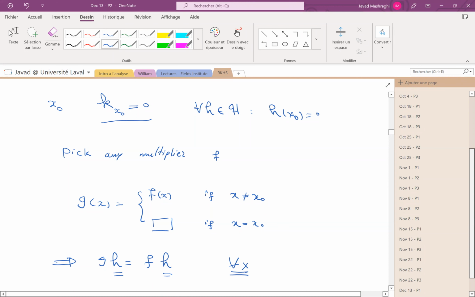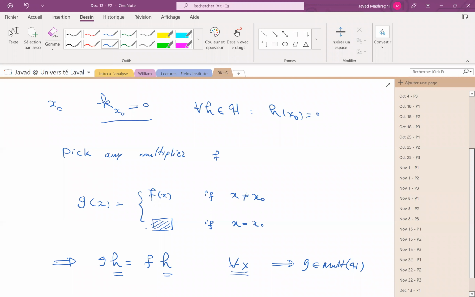So the identity still holds, which means that g is also a multiplier. But you have absolute freedom in the definition of g at point x0. You can define it such that g is not continuous.